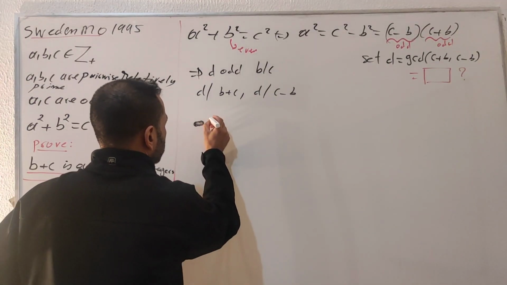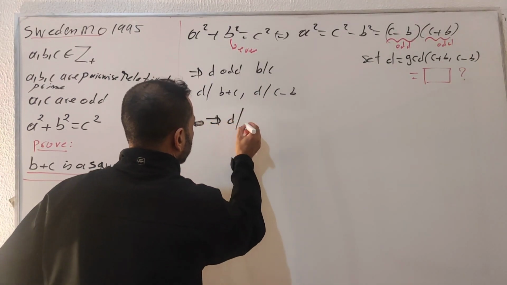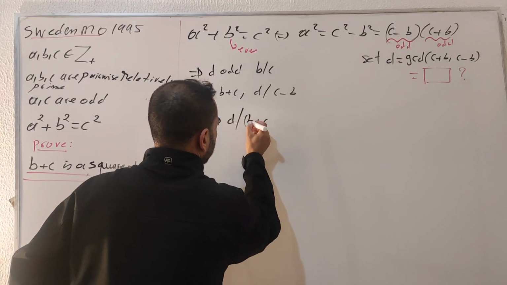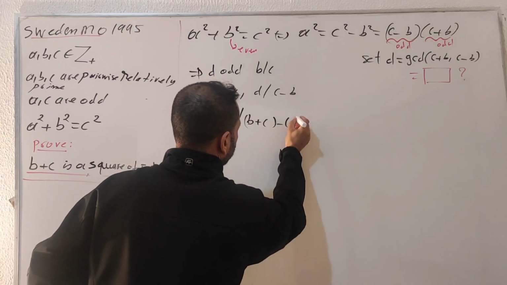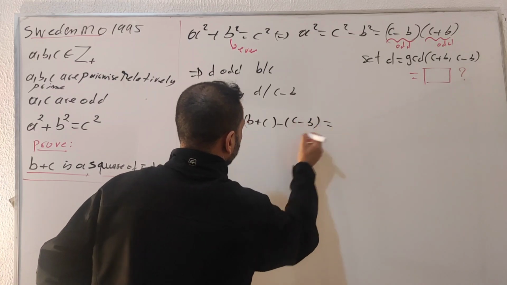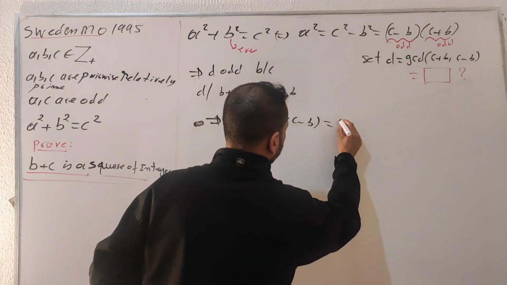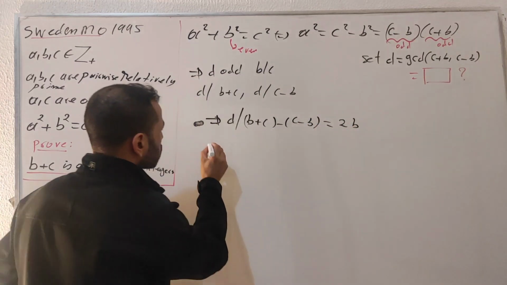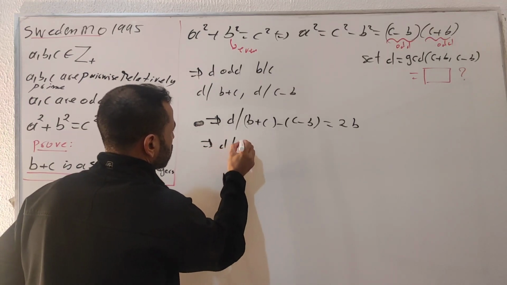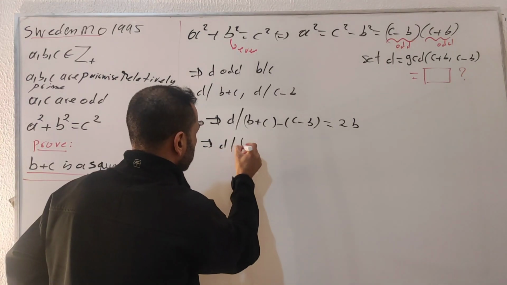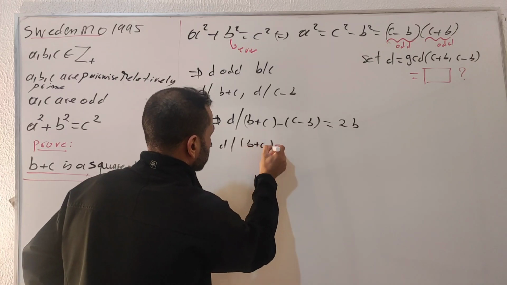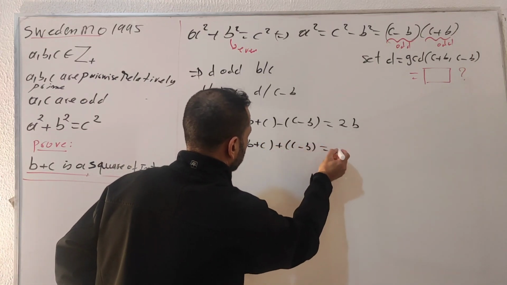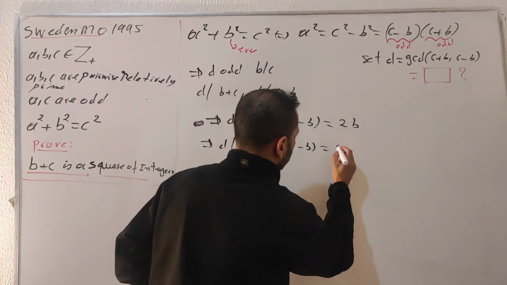So D divides b plus c minus c minus b, which gives 2b. Also, D divides the sum of these two terms, which gives 2c.